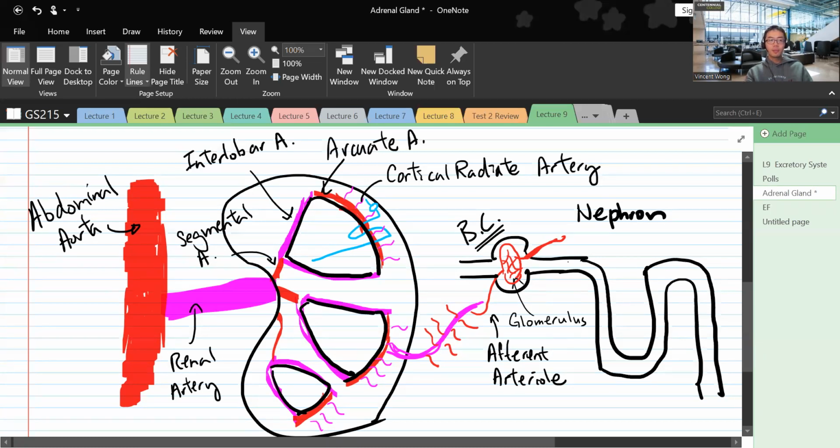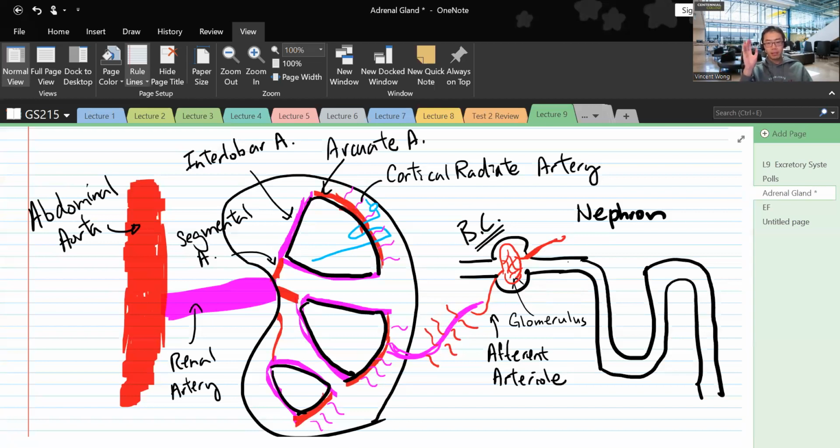Now I will explain this in more detail later on, but for now, just think back to what we learned in lecture 1. That seems like ages ago. What is one property that we learned about capillaries in general? If you have to describe the walls of the capillaries, what's the word that I kept on using back then?